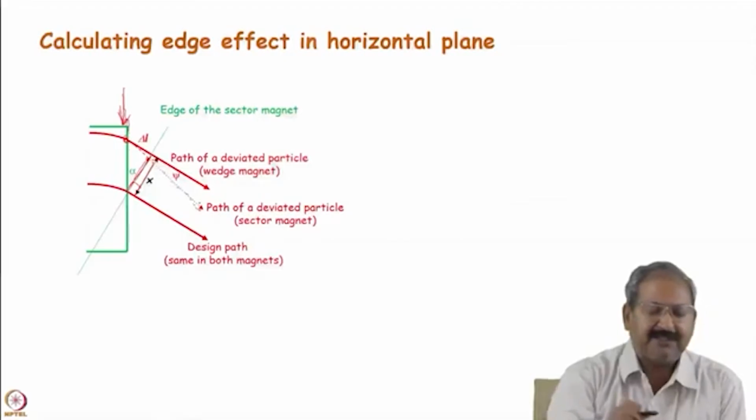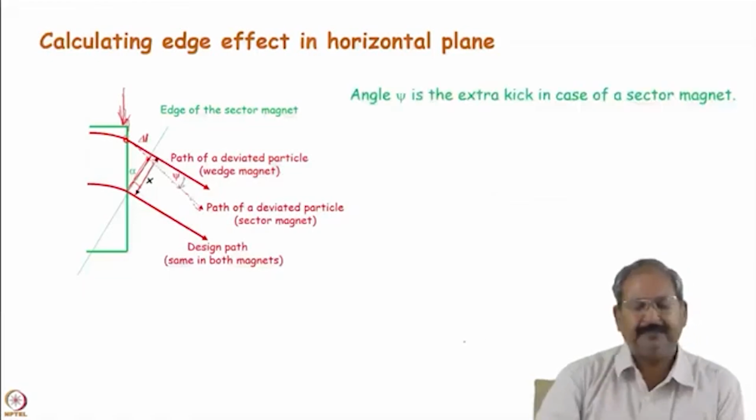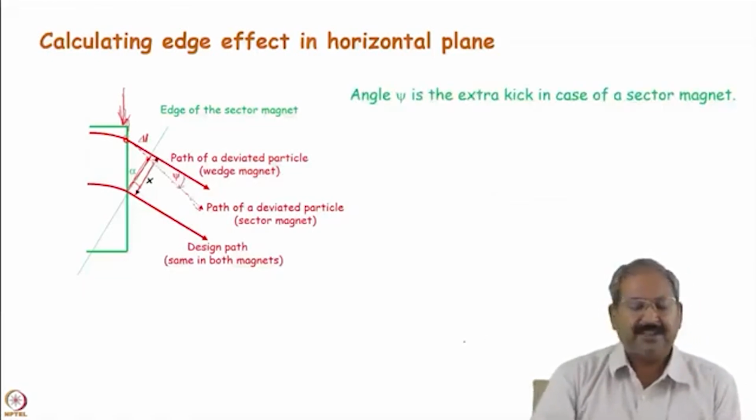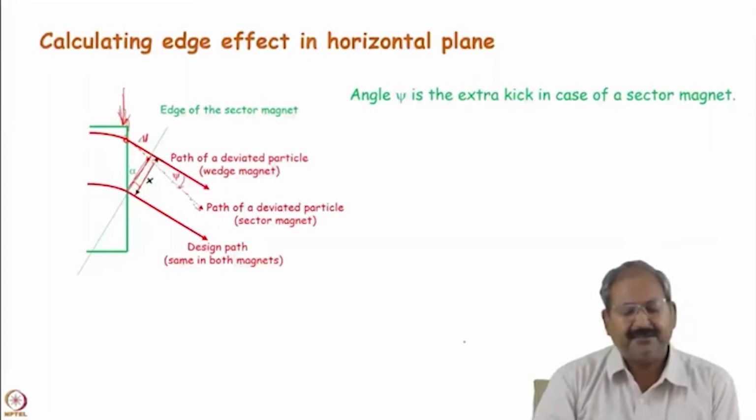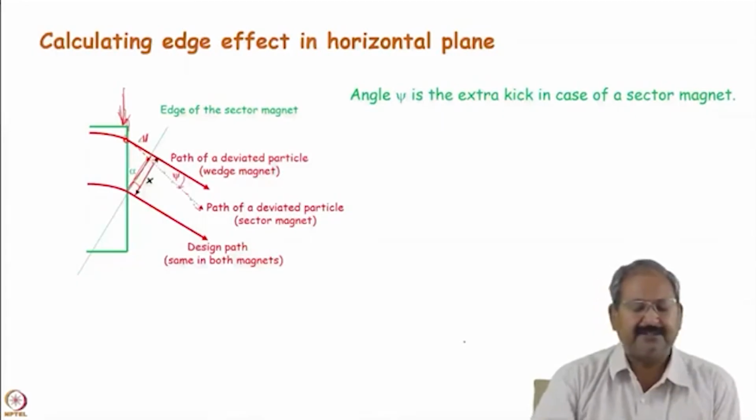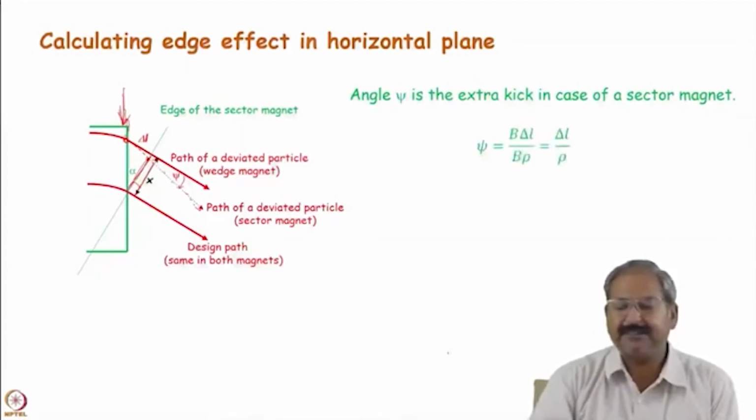The angle between the present magnet and the sector magnet trajectory is psi. So psi defines the extra kick, the additional kick in the case of the sector magnet.